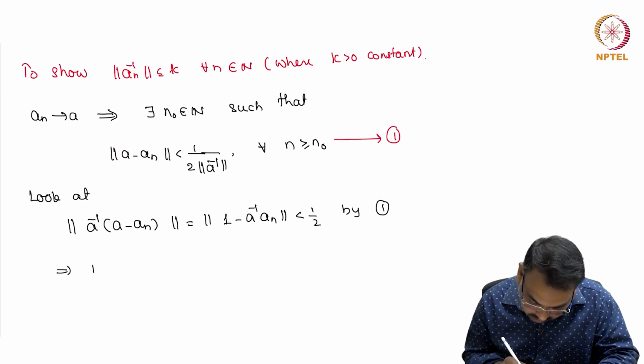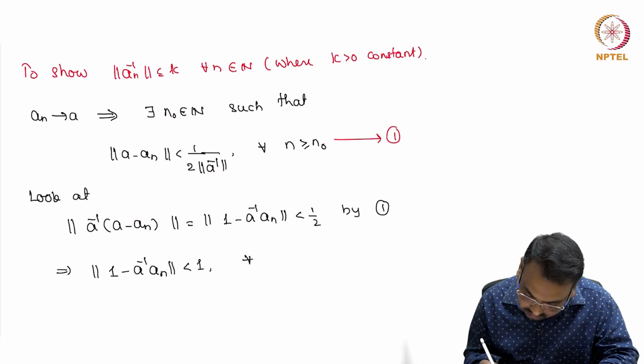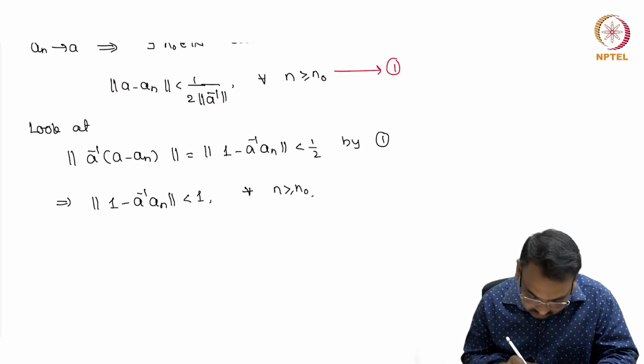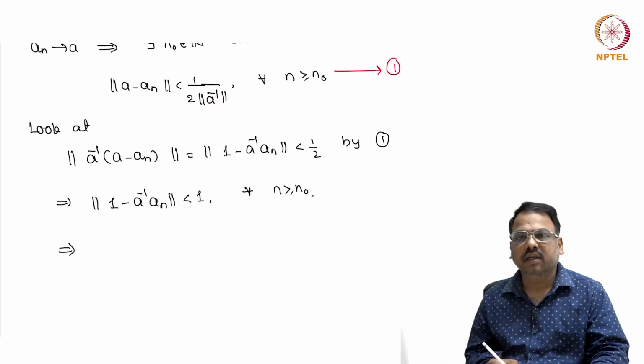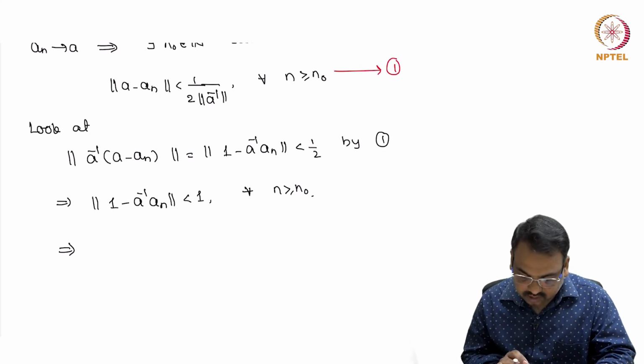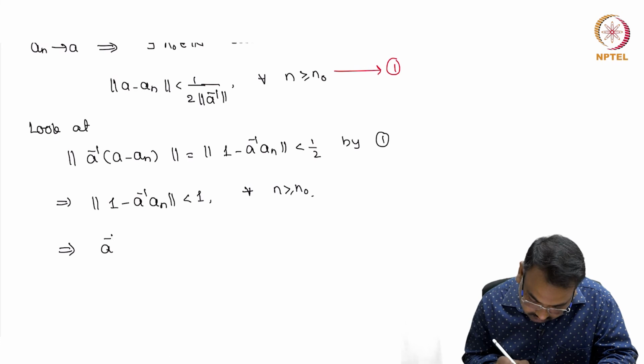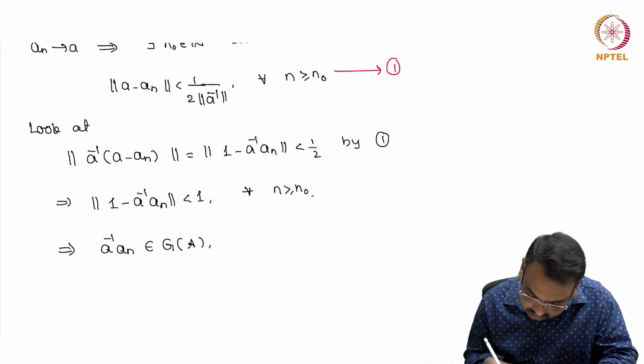So this implies norm of 1 minus A inverse A_n is strictly less than 1 for all n bigger than or equal to n naught. So by the earlier result that we have proved, 1 minus A inverse A_n is invertible. So we can say that A inverse A_n is in G(A) for all n bigger than or equal to n naught.